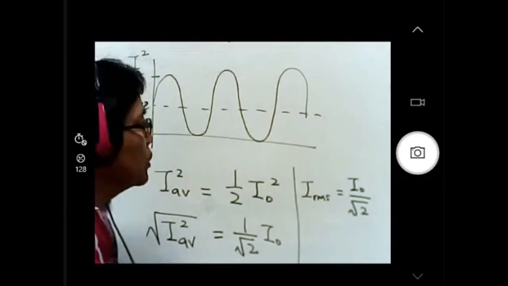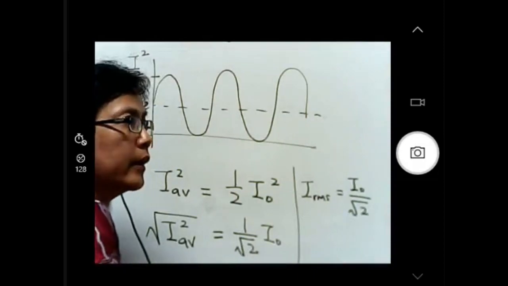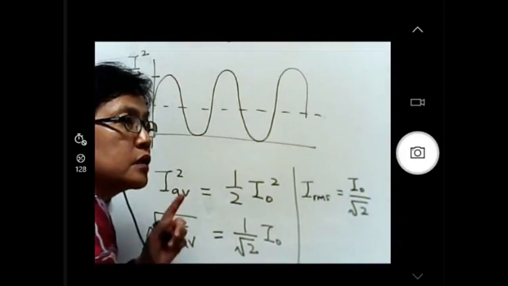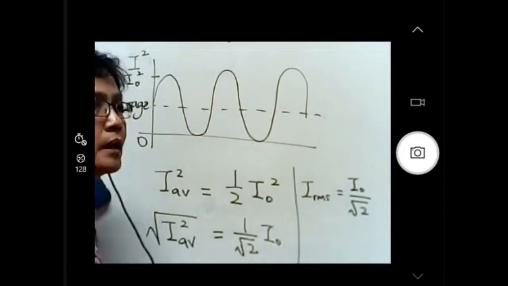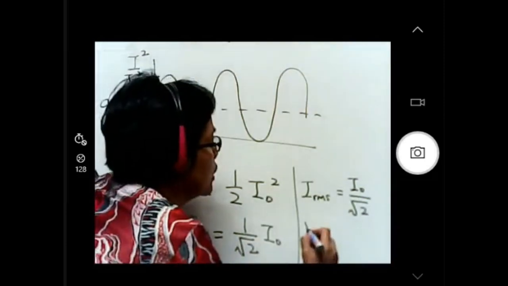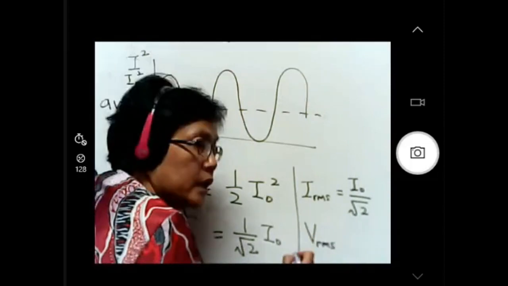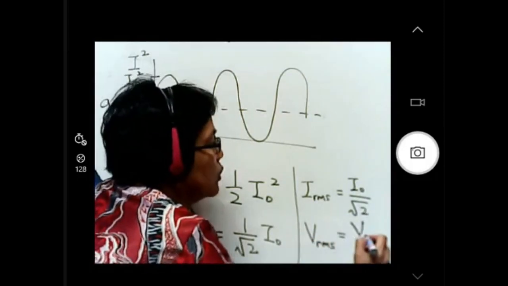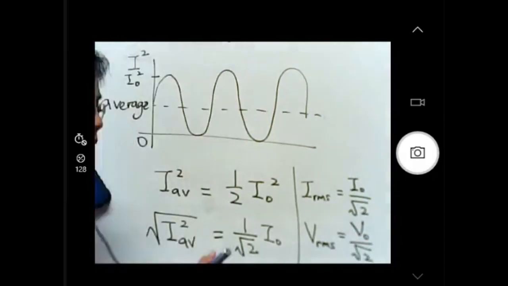The same goes for the voltage as well, because an alternating source will produce alternating current, meaning the voltage of the source has to be alternating in order to produce alternating current. So the root mean square voltage equals the peak voltage divided by root 2.